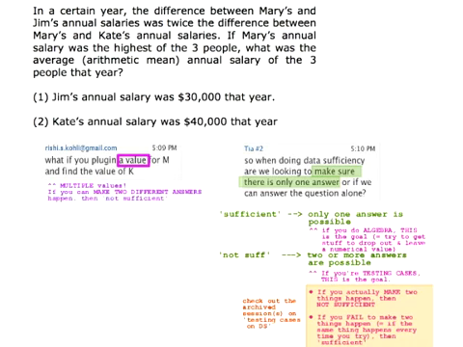In statement 1, here's our equation. If you're going to be plugging in numbers like this, you're probably going to plug into an algebraic equation. So Mary minus Jim is 2 times Mary minus Kate. Statement 1: Mary minus 30,000 equals 2 times Mary minus Kate. We can rearrange that.